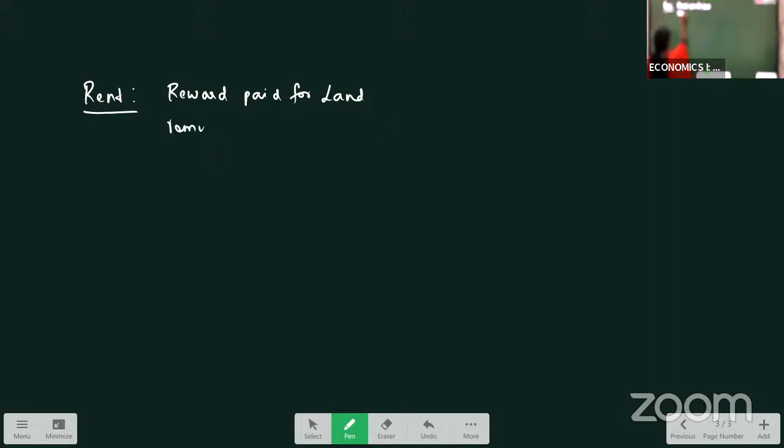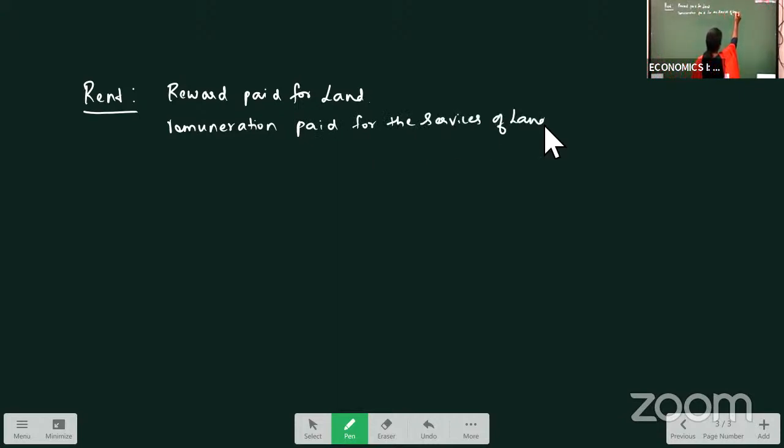We can also write it as the remuneration paid for the services of land. It is the remuneration which is paid for the usage or services of the land. And rent is the payment received by the owner of the property, that is, received by the owner of the land.